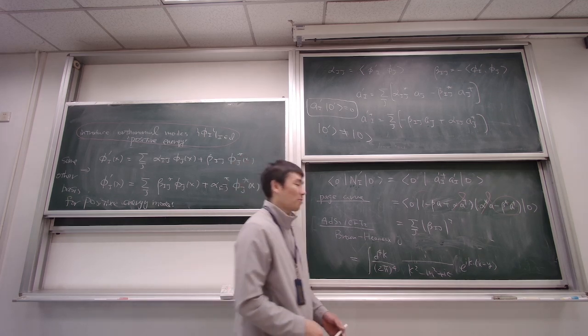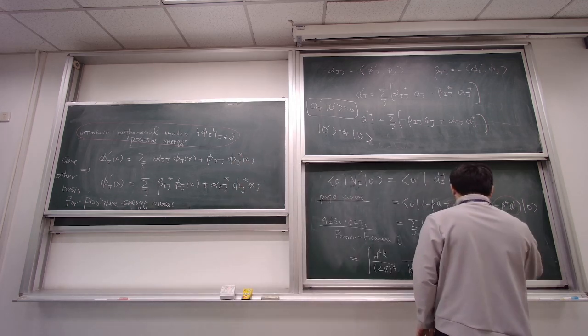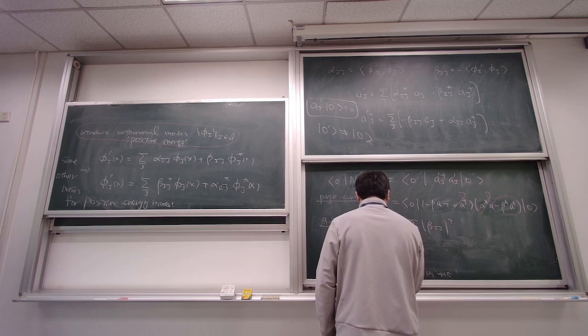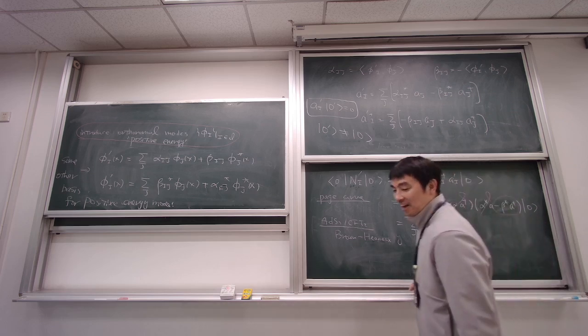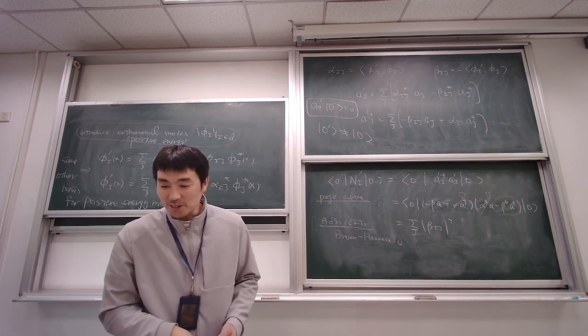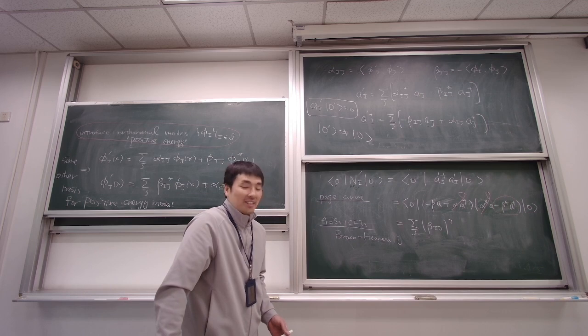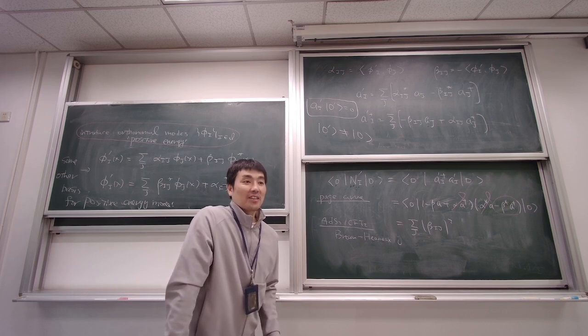What else do you want me to talk about? I'm just thinking about what kind of topic I should cover. Is there some other candidate? Something you want me to explain? Just let me know. Two more lectures.